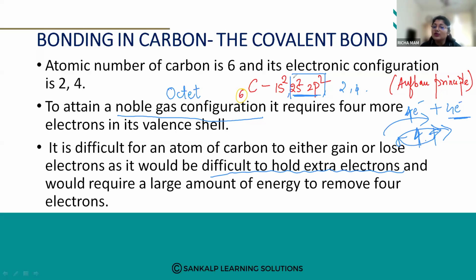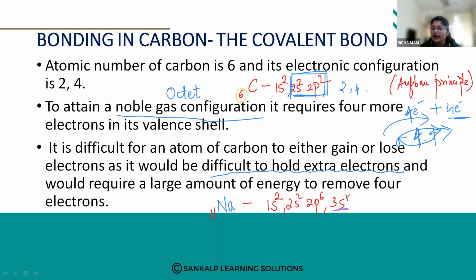Why? Because to complete, whenever we have seen in the previous chapter about sodium, what is the atomic number of sodium? It is 11. So when we write the electronic configuration, it is 1s2, 2s2, 2p6 and 3s1. So what will sodium try to do? How many electrons are there in the valence shell?